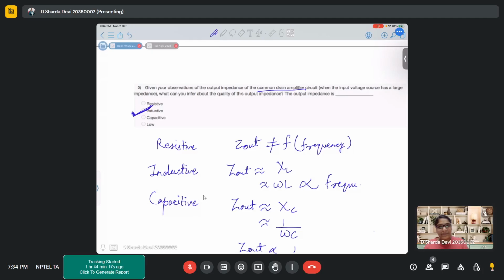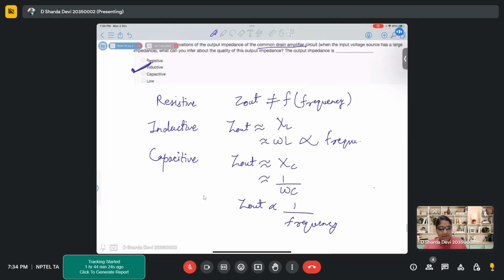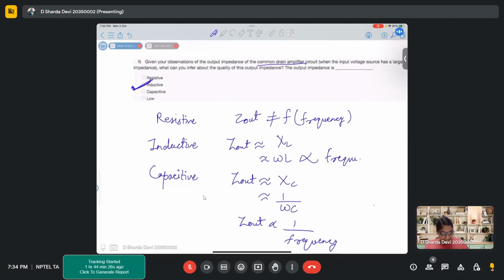Any doubts? Hope this is clear. So that's all for today. These were all the problems selected for today. Are the problems clear? We worked on pole zero analysis and mirror circuits in today's session.